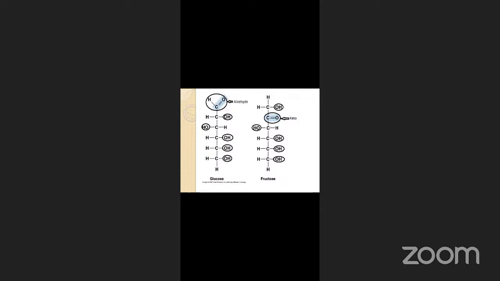In fructose, you have 6. C6 is common. Then H12. How many hydrogens are there in glucose? 1, 2, 3, 4, 5, 6, 7, 8, 9, 10, 11, 12. Even fructose has 12. O also 6. So the formula is the same. But what is the difference here? It is the functional group.